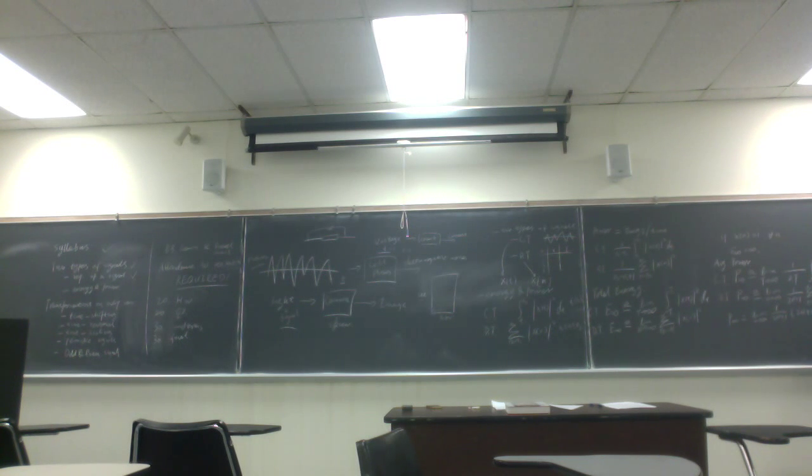And like the previous example, we used this signal, so we know the total energy is infinity, but the average power equals 1, which is finite. So we call this type of signal a power signal.